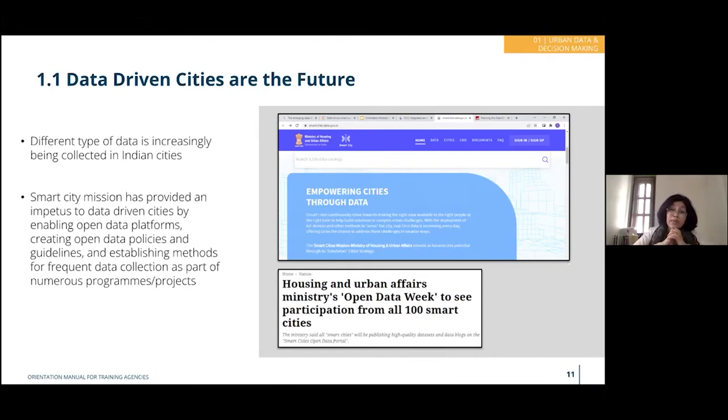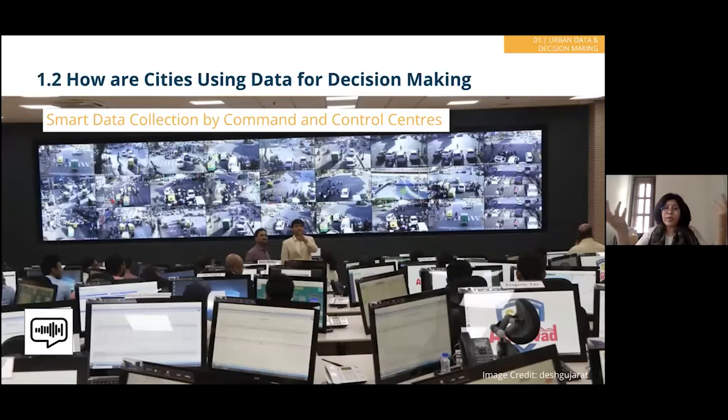We have to use hard evidence to start planning ahead and making sure that the decisions are guided by the data. So I think the smart city mission was excellent, it still is, it has given a lot of impetus to cities to start collecting, analyzing, using data, establish data centers and start using evidence based approaches to make decisions.